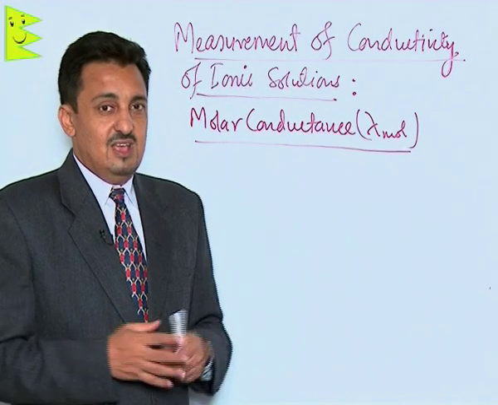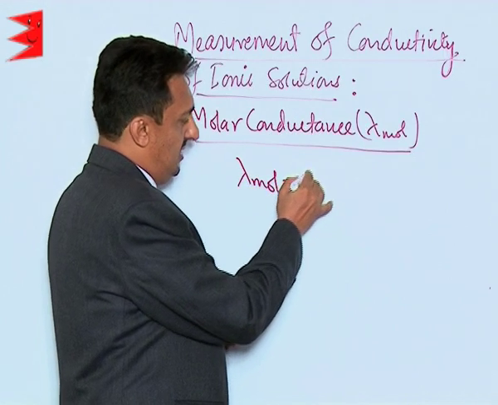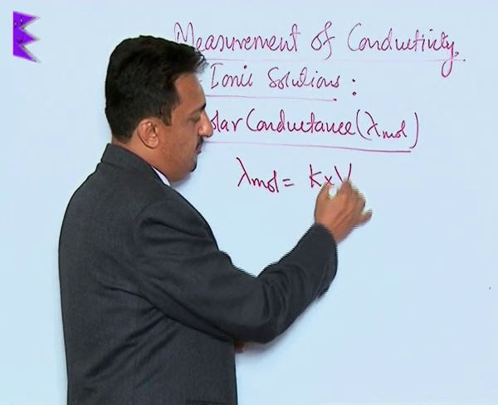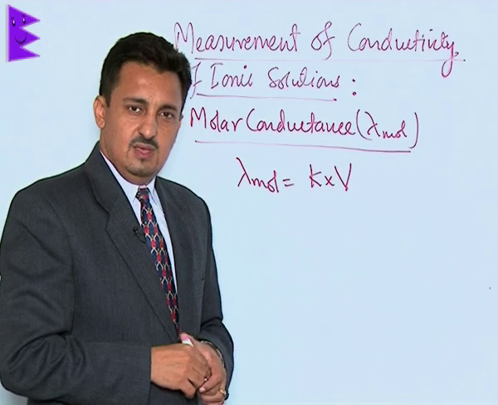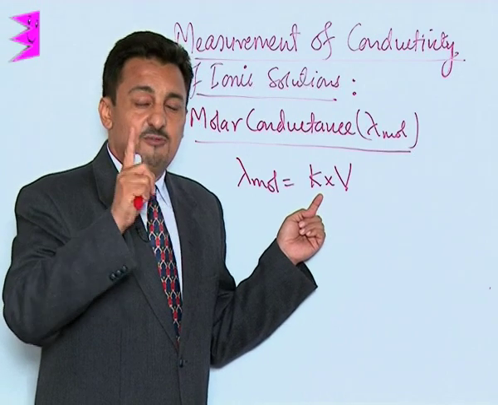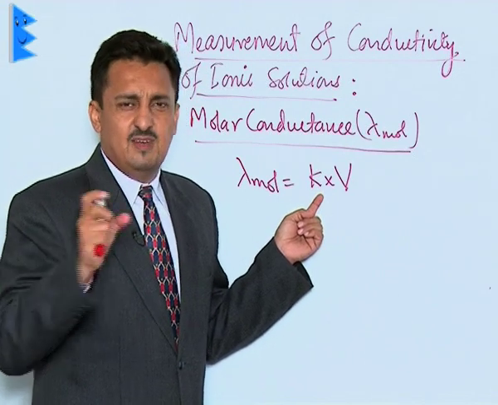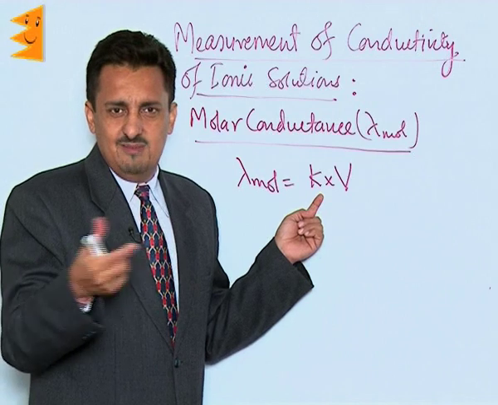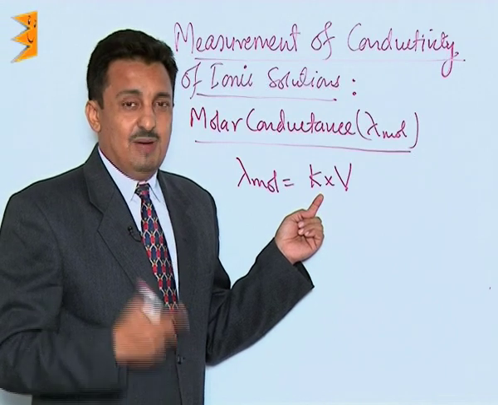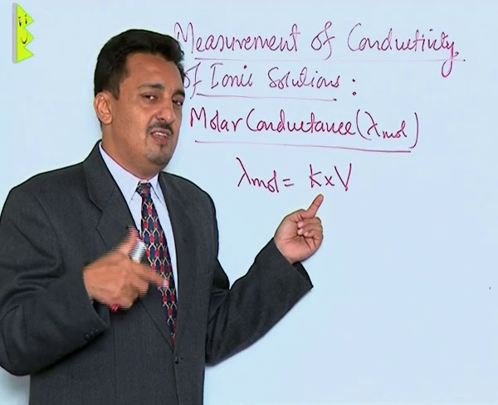What does it mean? It means that we can find out lambda as kappa into volume, because kappa we know is the conductance shown by the 1 ml of the electrolyte, and if we are having 500 ml of the electrolyte, we will simply multiply it by volume. But this term is actually having the concentration in a hidden way.